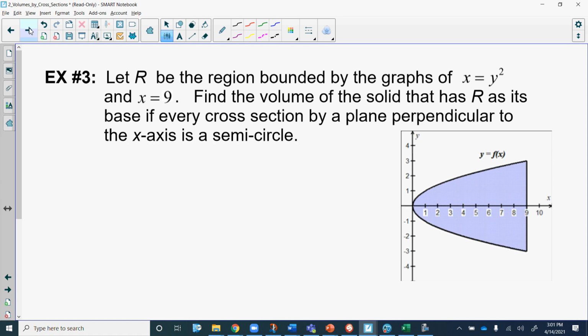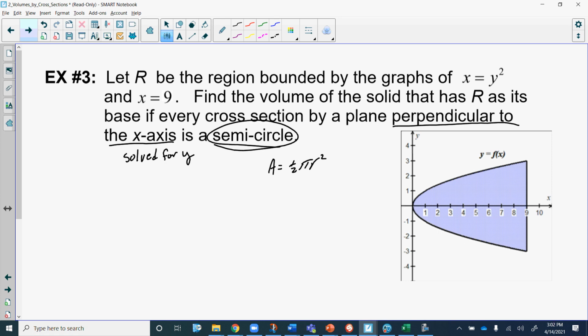So again, perpendicular to the x-axis means that we're solving everything in terms of y, and now we know the shape we're looking at, so the area is going to be one half times pi times the radius squared.